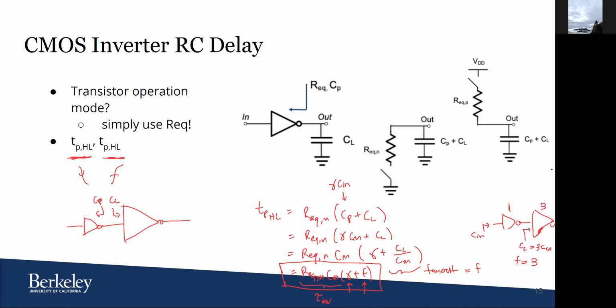All those terms will be given, also the gamma here, right? Yeah, that's right, these are given. Gamma is a technology dependent parameter, and fan out is simply a ratio of the input capacitance that you see looking in compared to a unit size inverter. Okay. Thank you.